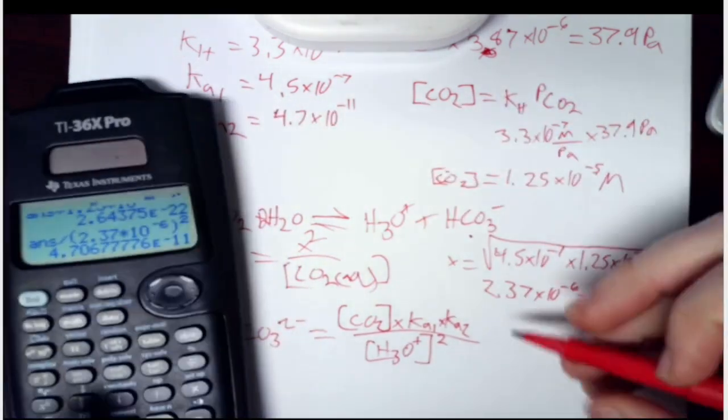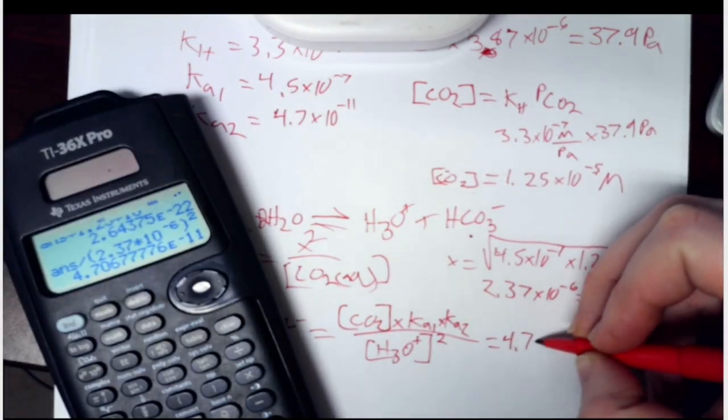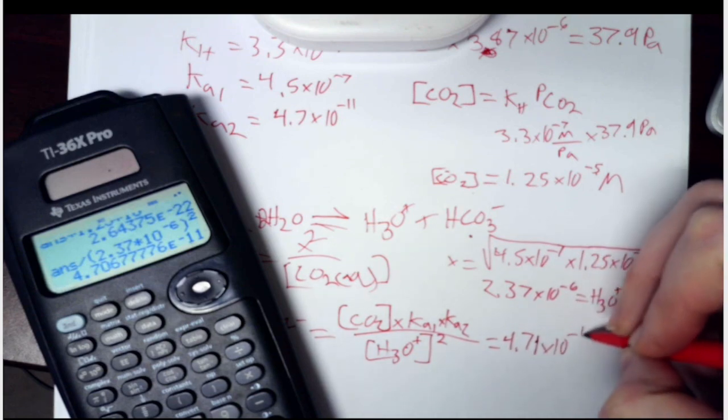All in all, you get 4.71 times 10 to the negative 11th.